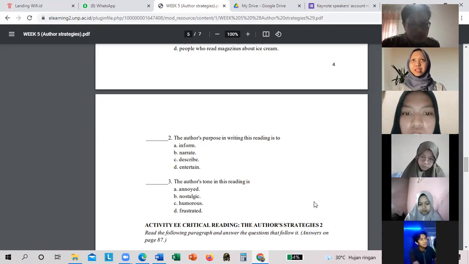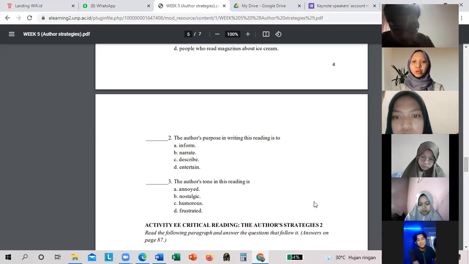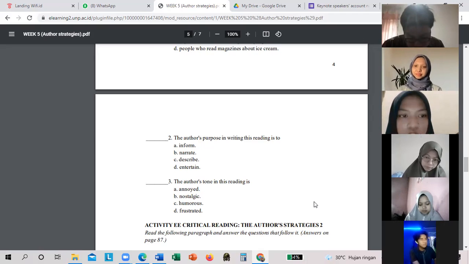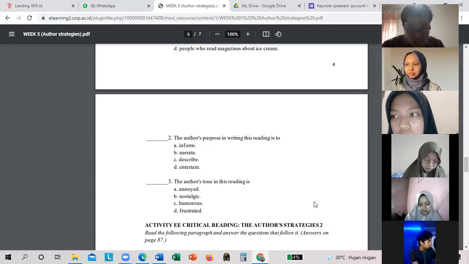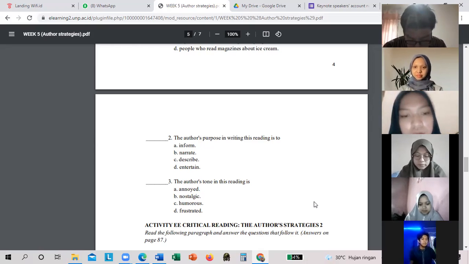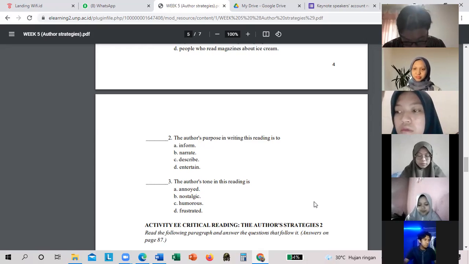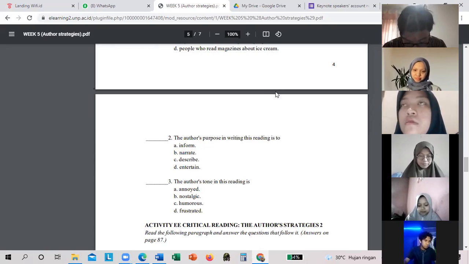So I think it's just a kind of humor of the author. Right, correct. So this is humorous. Yeah, the tone is humorous actually. Yeah, he makes fun of presenting the way that people eat ice cream. Right? So it's a kind of funny thing to see people eat ice cream layer by layer. So it's humorous.